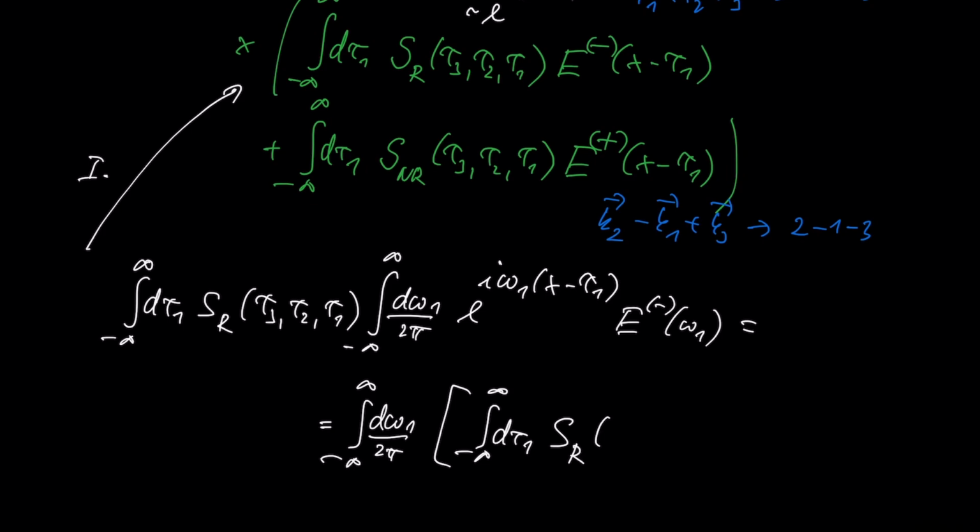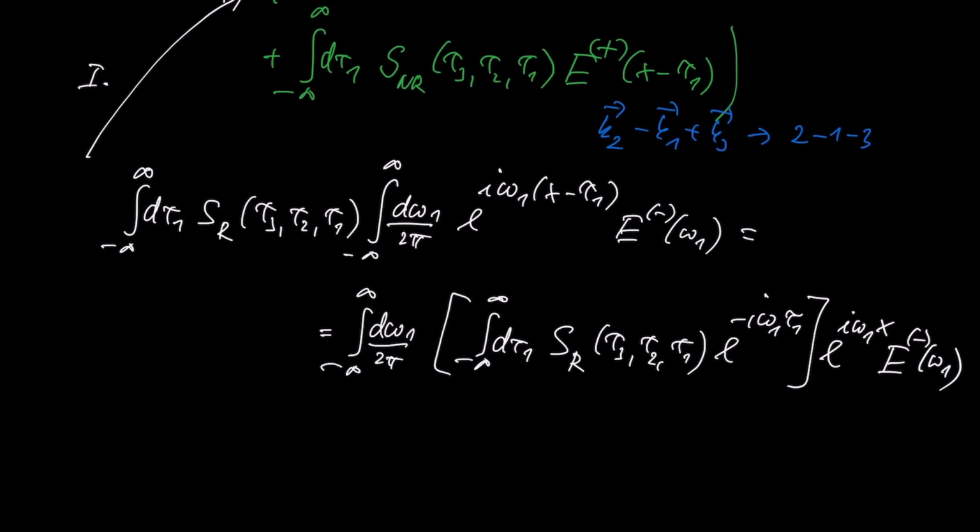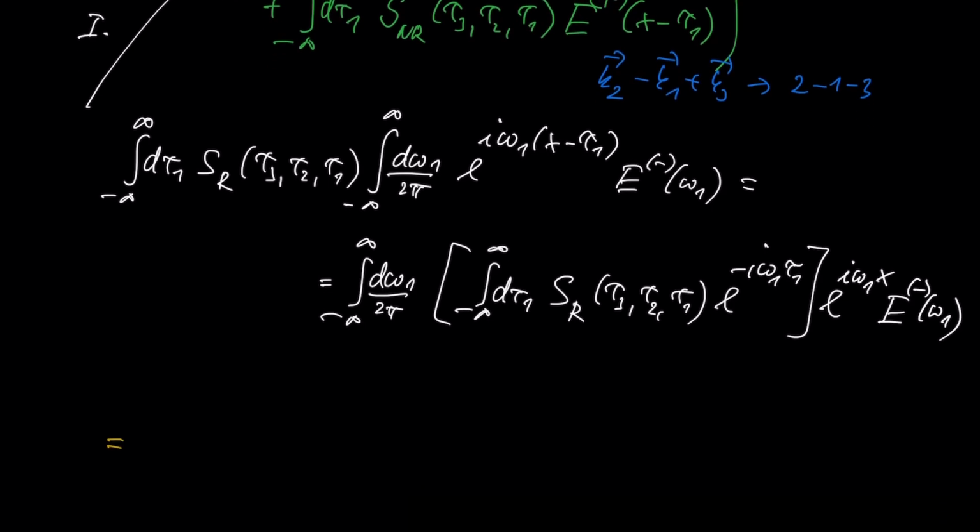It's the rephasing response S_R(tau 3, tau 2, tau 1) times e to the power of minus i omega 1 tau 1, and e to the power of i omega 1 x, and here is the distribution of frequencies in pulse 1. Okay, and this we will now denote the following way.